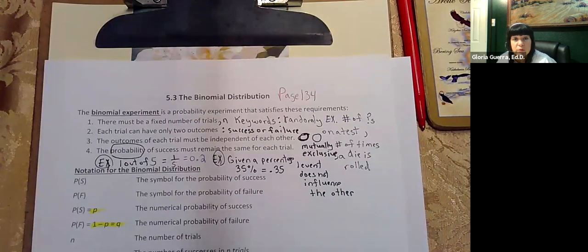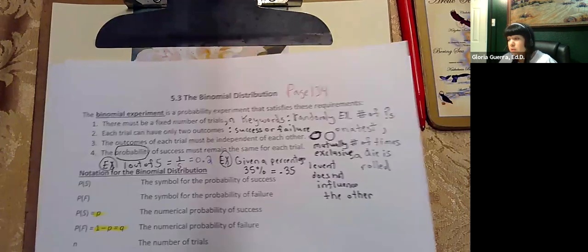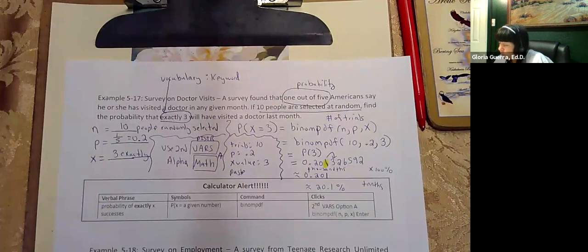The experiment satisfies the requirements: a fixed number of trials; each trial can have only 2 outcomes, so success or failure, right? The outcomes of each trial must be independent of each other. The probability of success must remain the same for each trial. Okay, so that meets that.